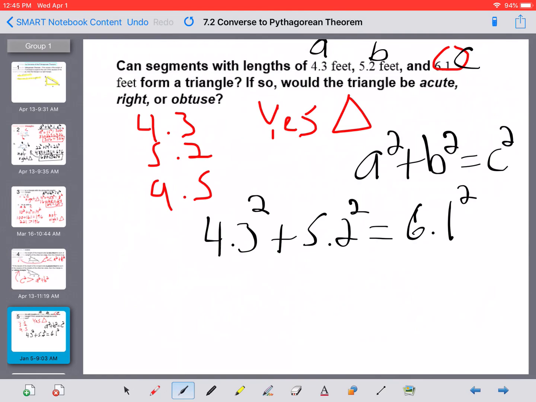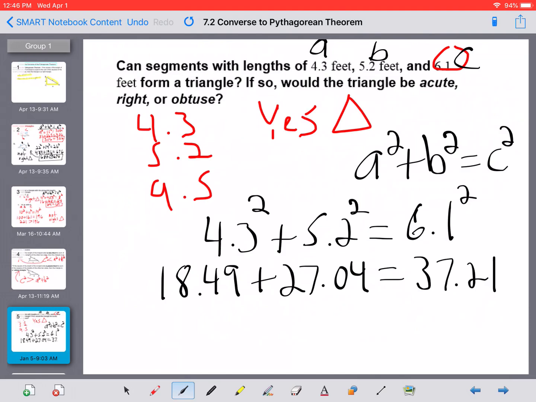Now, 4.3 squared is 18.49 plus 5.2 squared is 27.04.